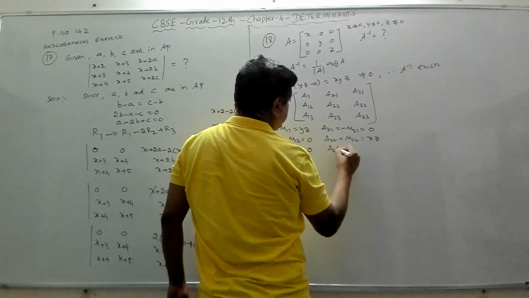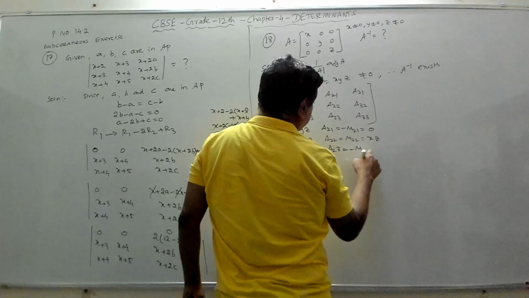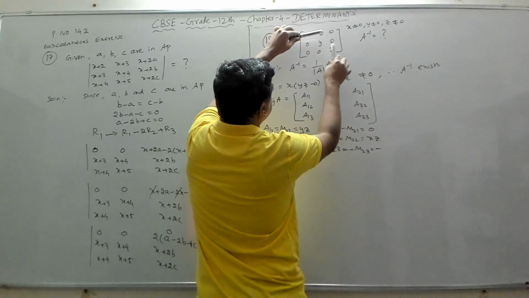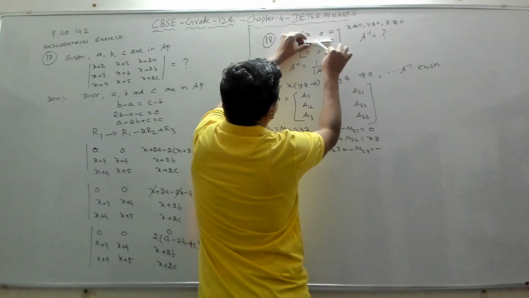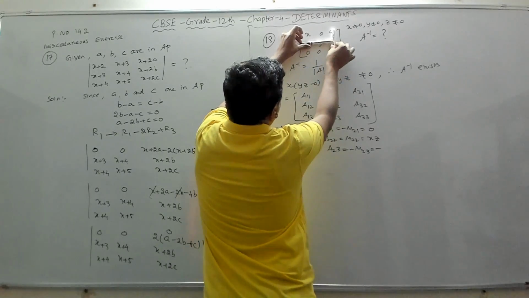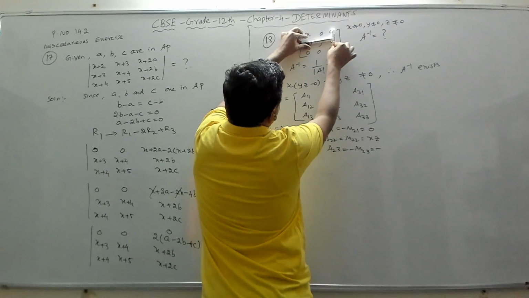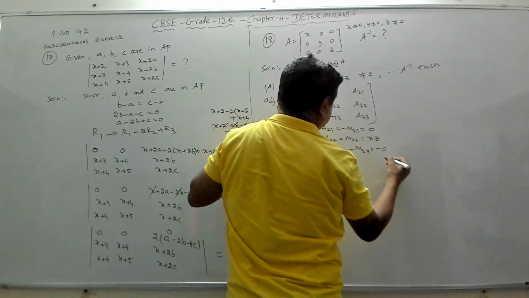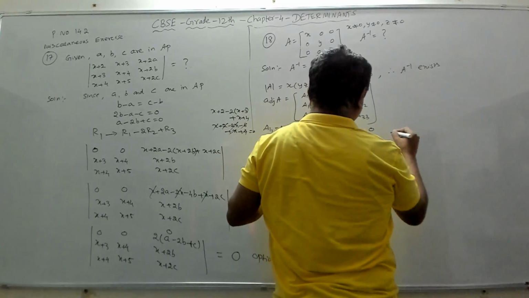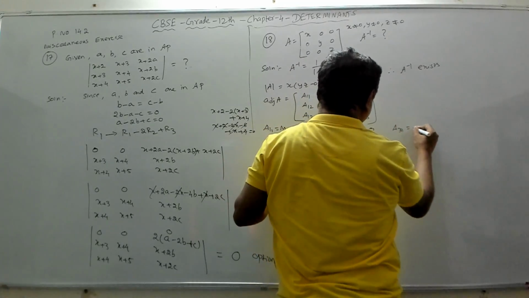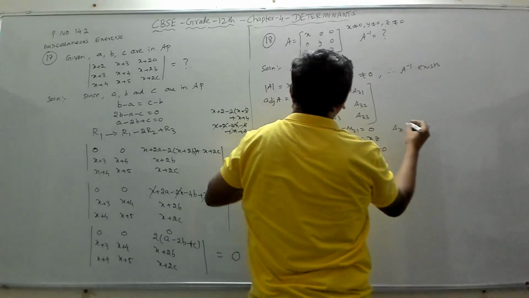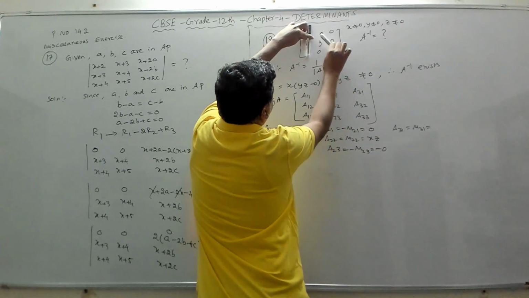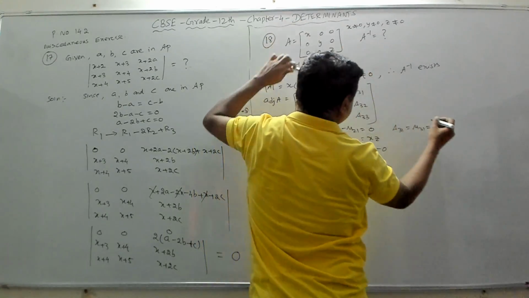Similarly A23 is minus M23: x into 0 minus 0 into 0 is 0. A31 is M31: close this row and column, 0 into 0 minus y into 0 is 0.